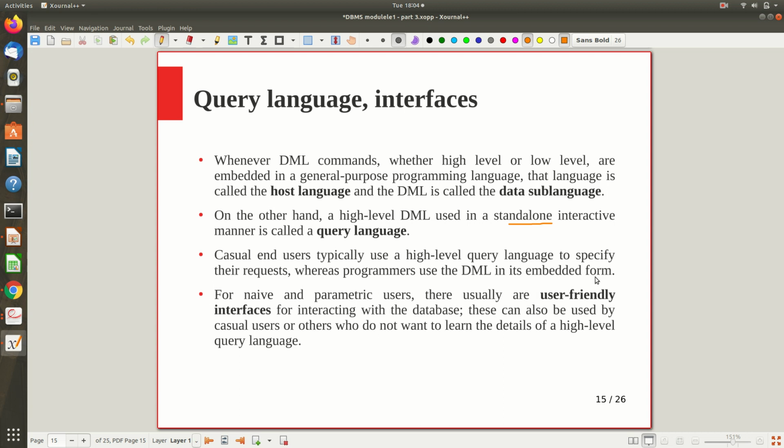These can also be used by casual users or others who do not want to learn the details of the high level data query language. There are different levels of things. If you want, you can provide an interface, so depending on the knowledge level of the user, you can think about any of these variations.